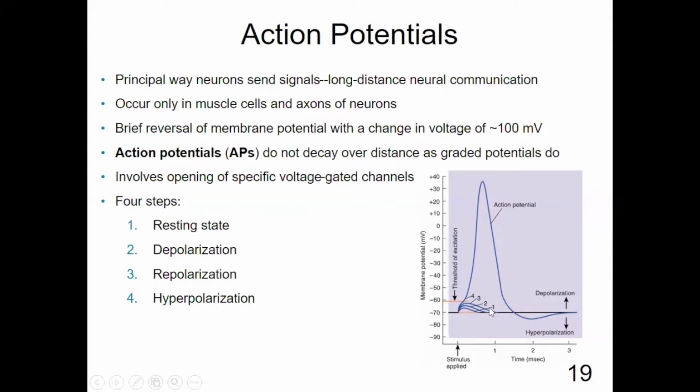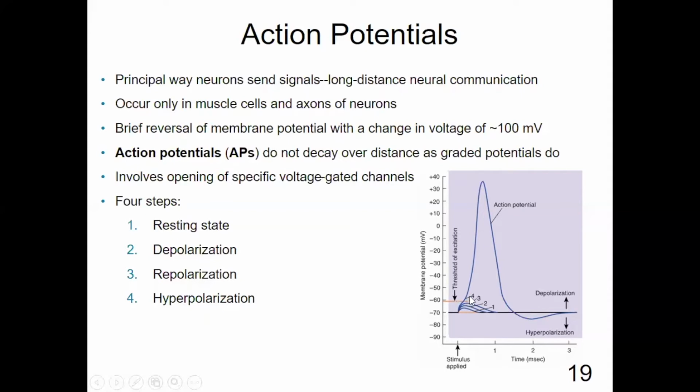So stimulus number 1 is the smallest. We increase the intensity of the stimulus for stimulus 2 and 3, and you can see the depolarization is a little bit larger the bigger the stimulus, until we reach some threshold, which you see here in red.